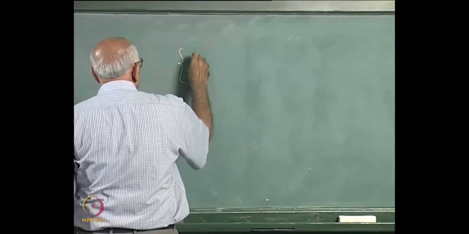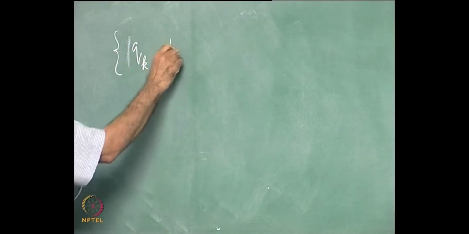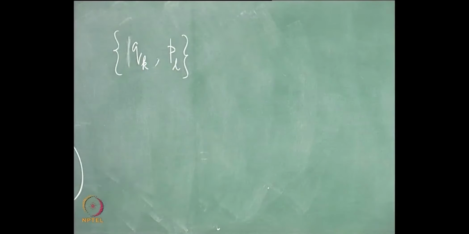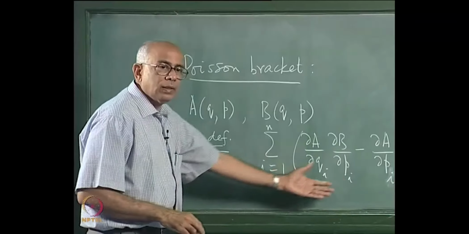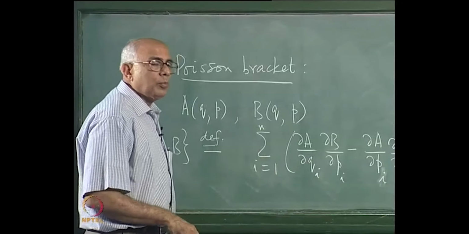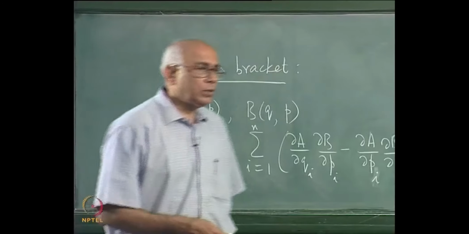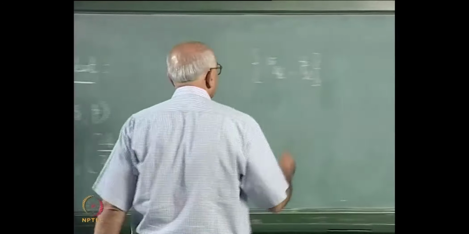So what is the Poisson bracket of qk with pl, for instance? All you have to do is to plug it in here and do a summation over i and compute what the answer is using the statements we had earlier about the p's and q's.